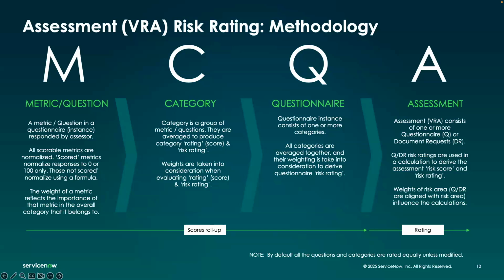Here we are talking about individual questions within a questionnaire instance. These questions are what the assessor responds to. All scoreable metrics are normalized. Metrics flagged as scored normalize responses to 0 or 100 only. Those not flagged as scored metrics normalize response using a formula.